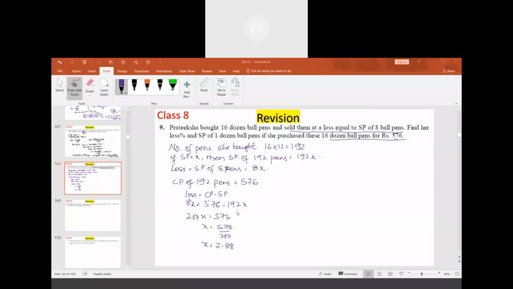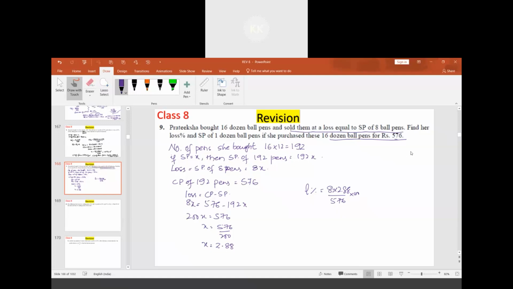So loss percent we can find. Loss percent will be equal to loss, which is 8x, 8 times 2.88, divided by cost price 576, into 100.